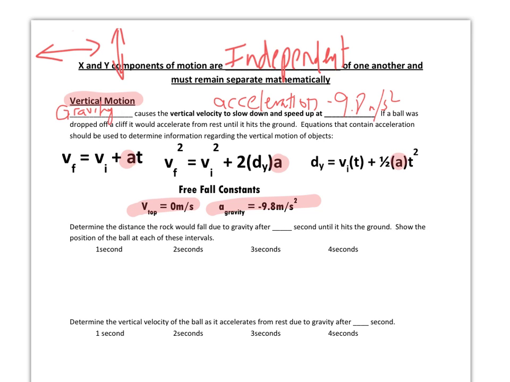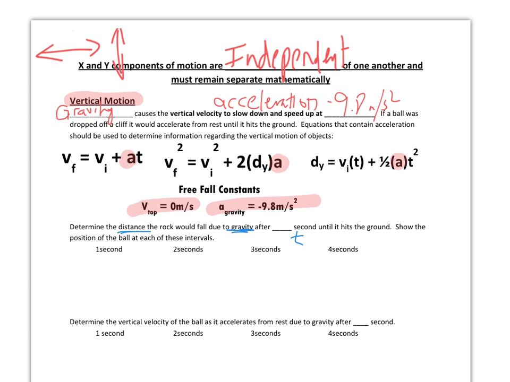If we wanted to determine the distance that an object had fallen in a set amount of time, then we would need to use an equation that includes our acceleration for gravity, as well as including a distance. And if I want to calculate that based on the number of seconds that something has fallen, then I would also need to include an equation with a time component.